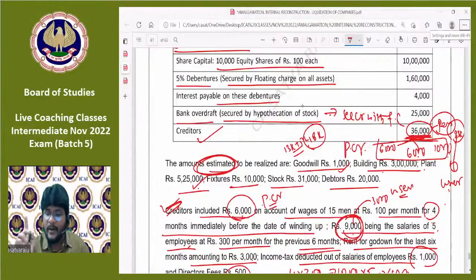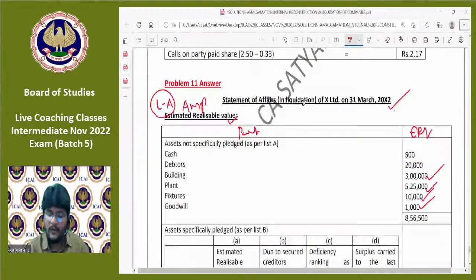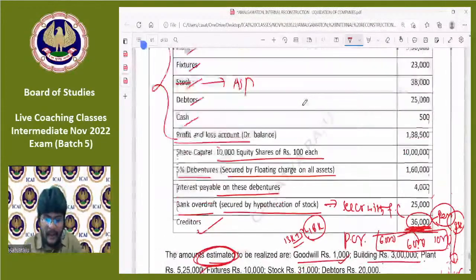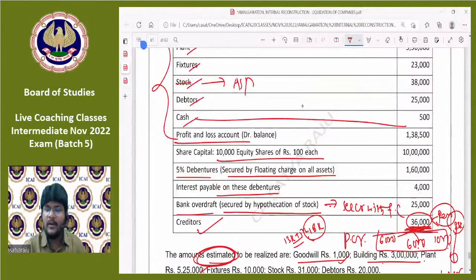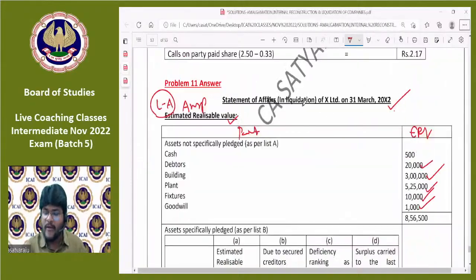Don't consider here because which was ASP. Debtors 20,000. And cash balance is also available. Cash is realization value, estimated value, or book value, all are same. That's why cash you can directly consider, which was 500. There is no calls in arrears. That's why no need to take up, which was 8,56,500.